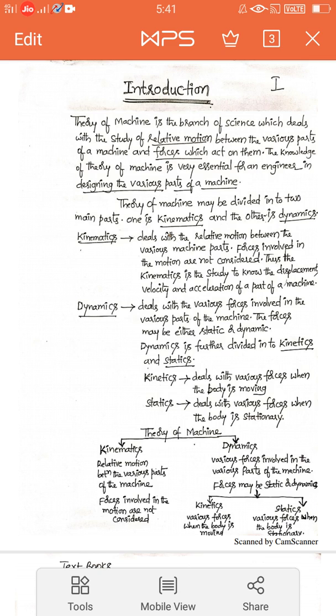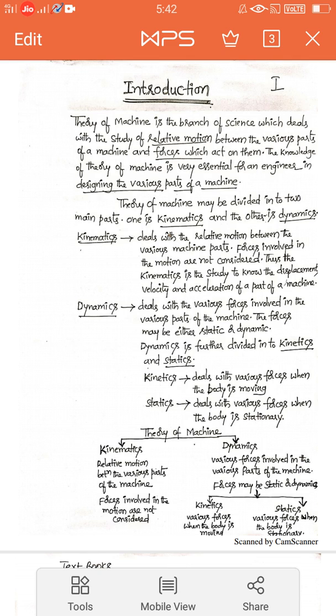So what are the different types of straight line motion mechanisms, and what are the different types of quick return motion mechanisms with simple examples, and also what is meant by degrees of freedom and how to find the degrees of freedom for the different mechanisms. This is all we are going to discuss in detail in module 1, which is named mechanisms.